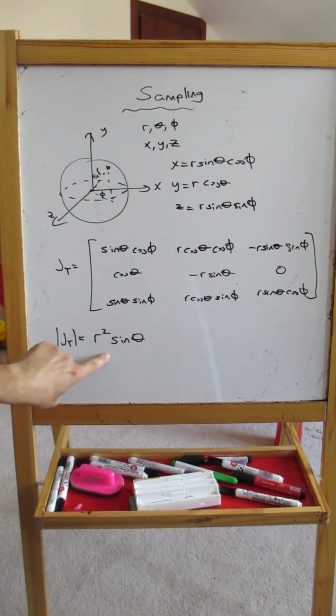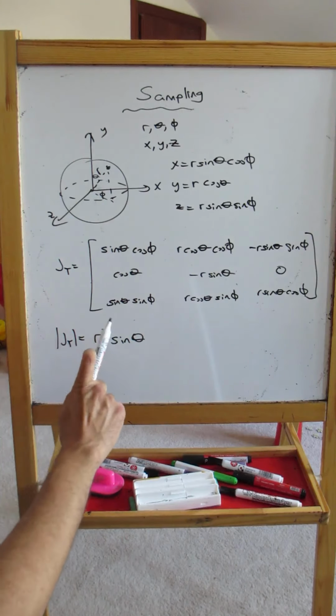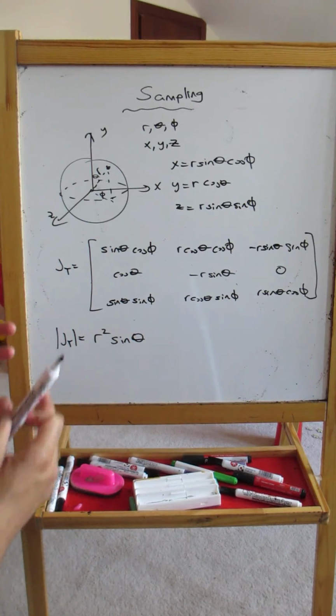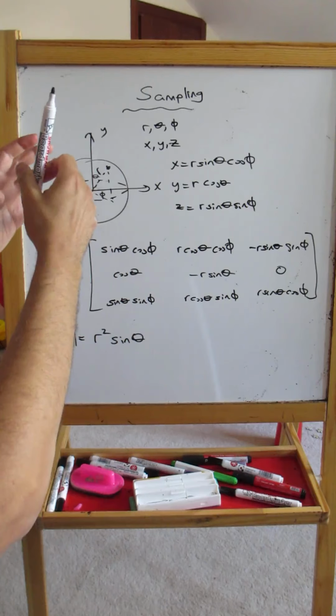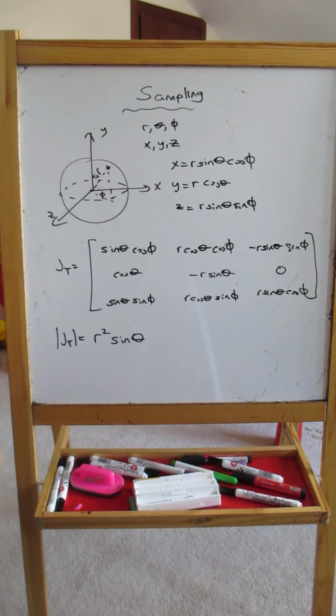If we investigate this determinant, it's proportional to r squared. For the disk, it was proportional to r. It makes sense because now we have a volume, and the volume is growing by r square. But it's also related to sin theta.